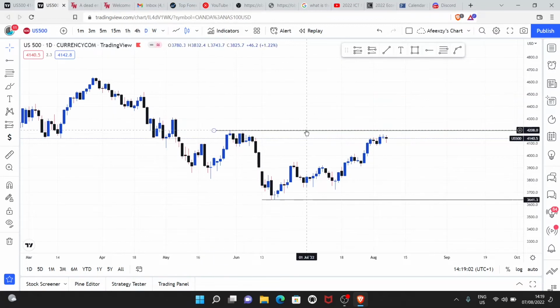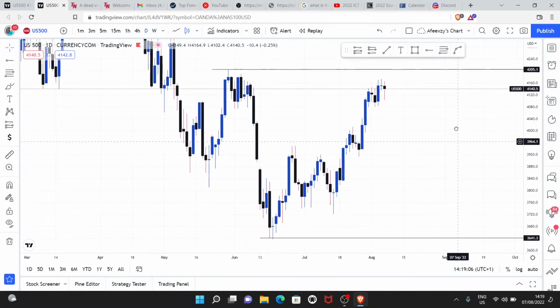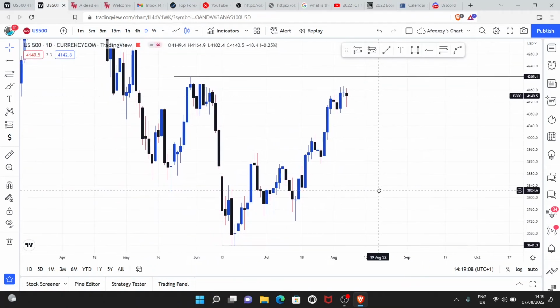On our daily time frame, all I see here is a bullish market filling all this imbalance. Then maybe we might be attacking this high here. But on our daily time frame, here is my key zone.